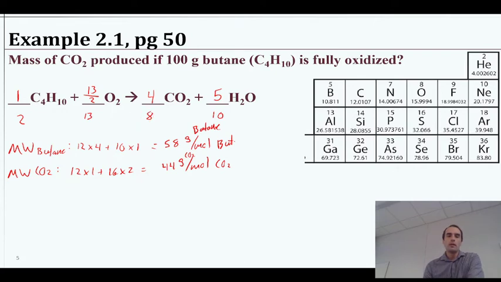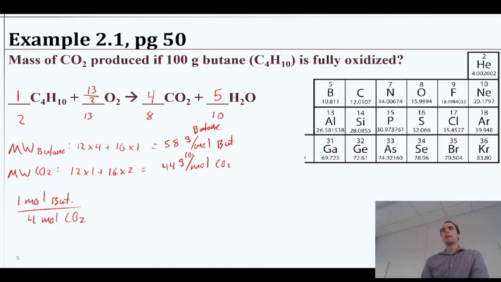So the way to write that would be 1 mole of butane per 4 moles CO2.